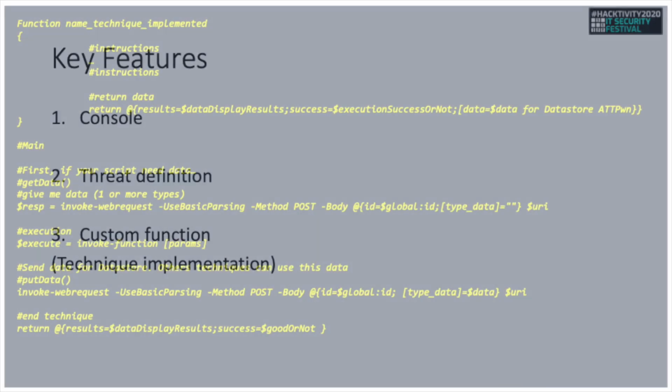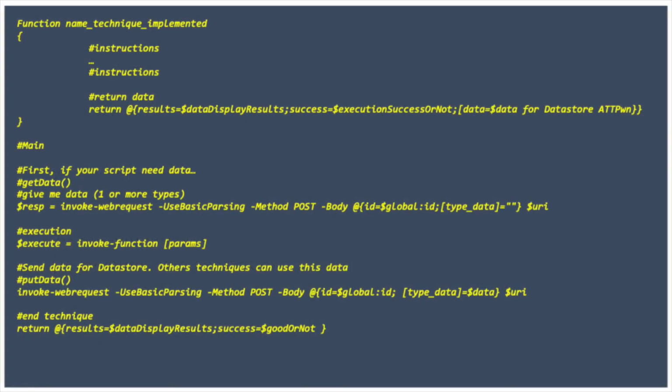Let's talk about how to create your ATT&CK functions using the skeleton function. Any user can create or add features to implement techniques from the MITRE ATT&CK. Each implemented function is linked to a technique and one or more tactics in the framework.